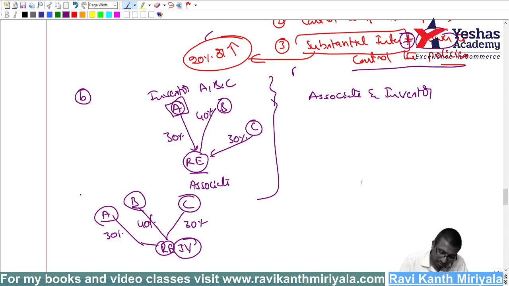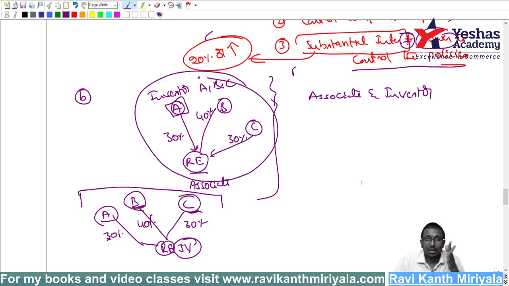My dear, in a joint venture, all three companies have to take the decision unanimously. Even if A and B agree, and A plus B is 70%, without C's permission you can't pass a resolution in the board or general meeting. In the earlier position it is not like that.